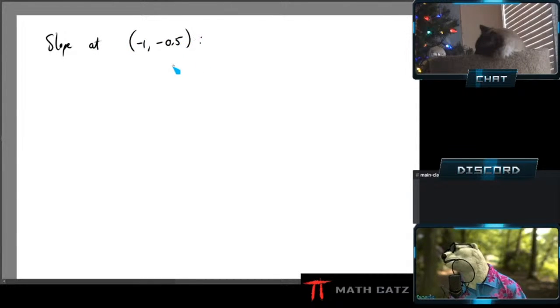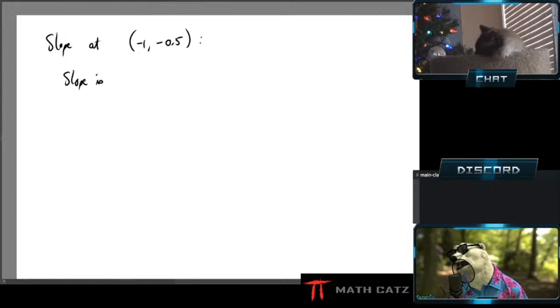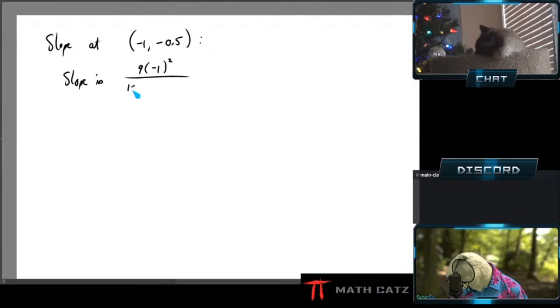They could give me the point completely. What is the slope? Slope is simply the derivative with those values plugged in. So 9x squared over 10 plus 16 times y: 9 times negative 1 squared over 10 plus 16 times negative 0.5.